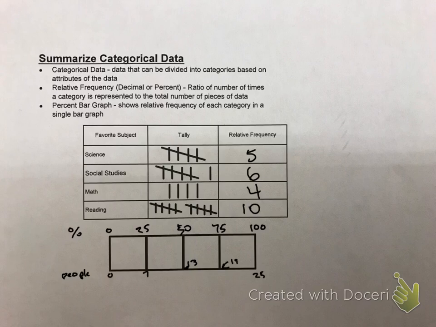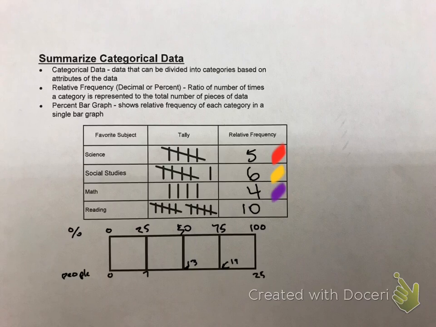So now we're going to fill this in based on the frequency. So we're going to use different colors here. So science will be that color. Social studies will be that color. Math will be this color, and then we'll leave reading blank essentially.